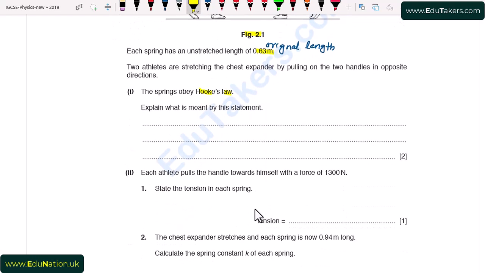In Hooke's law, we write that the extension is directly proportional to the applied force. When we apply a force on a body, there will be an extension, and this extension is directly proportional to the applied force.